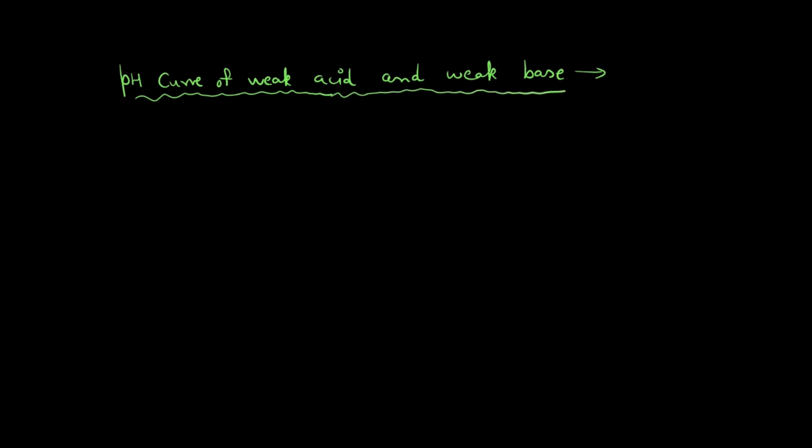An example of a weak acid is acetic acid, CH3COOH. And what is an example of a weak base? Ammonium hydroxide. So they react to give ammonium acetate, CH3COO, ammonium and water.